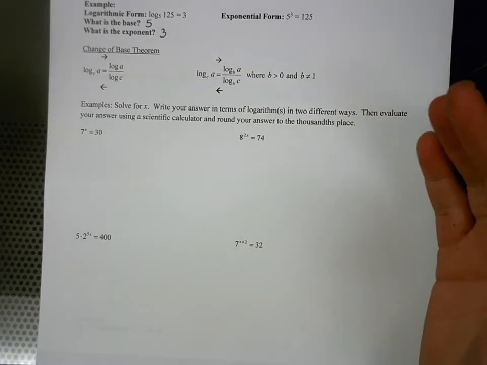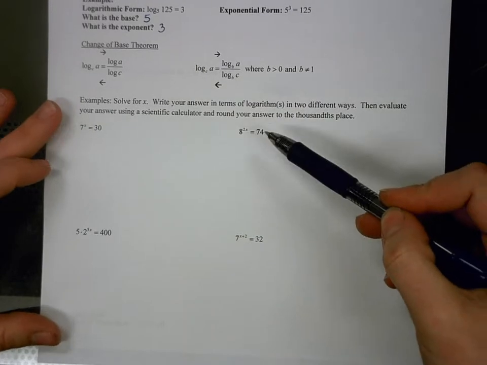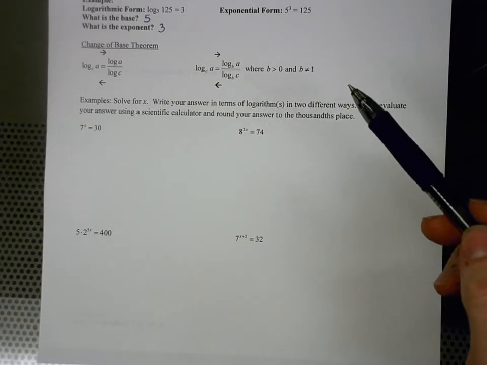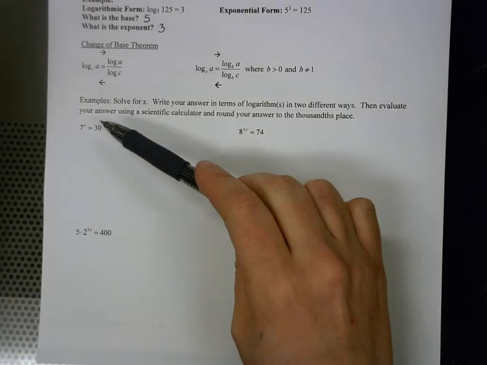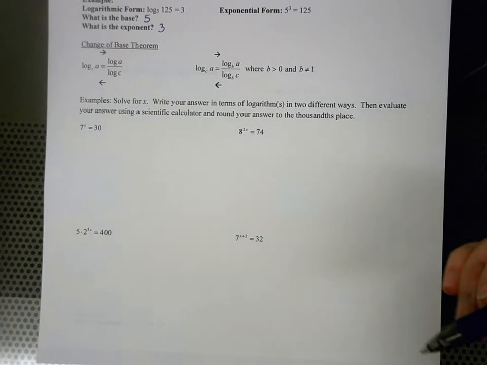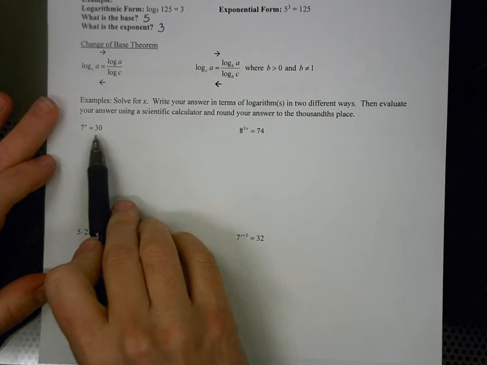So we're just going to be solving for x, which if you notice on this first page, every single x is in the exponent position. And that's what logarithms are used for: when you have a variable in an exponent, the only way to solve for it is to use a logarithm, unless you have a really nice, neat number here.